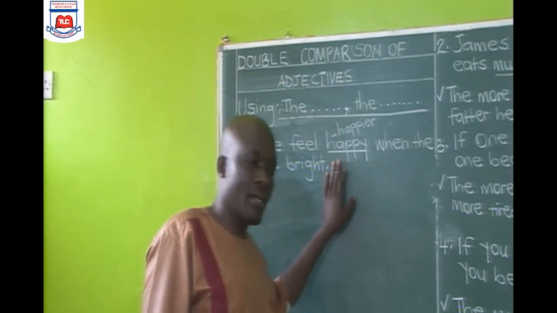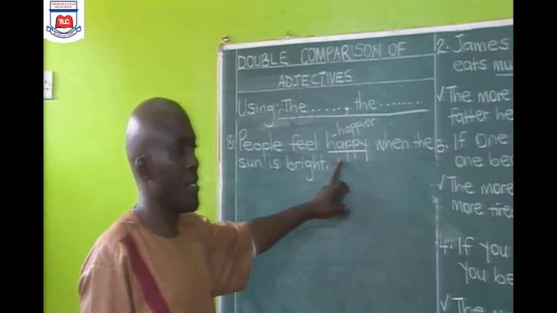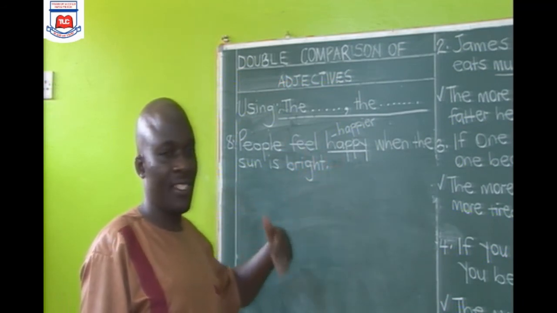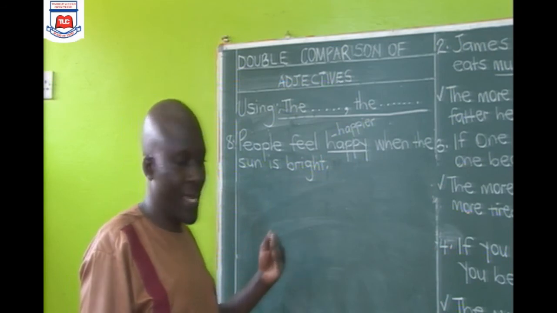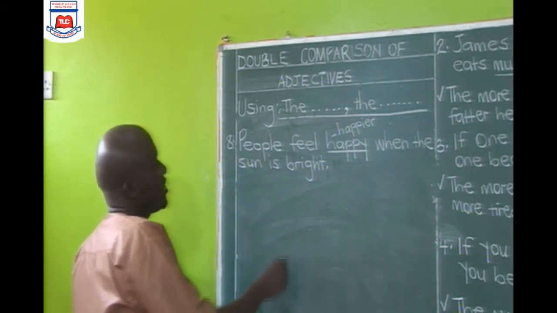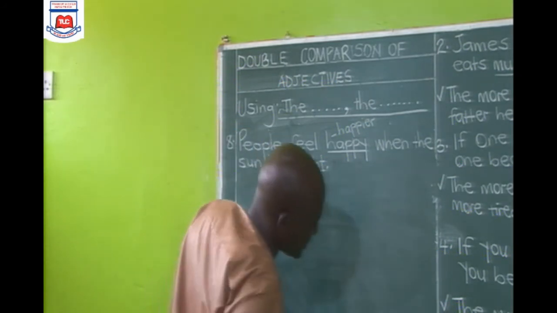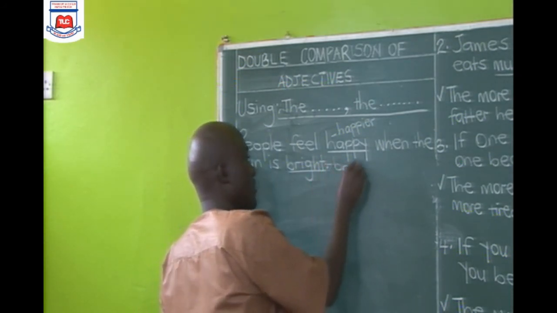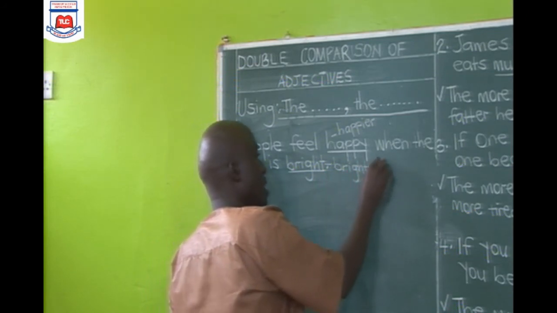Examples of words we can give here are maybe busy, busier, tidy, tidier, lucky, luckier, and many others. Another adjective here is bright. What is the comparative degree? The comparative degree of the adjective bright is brighter.